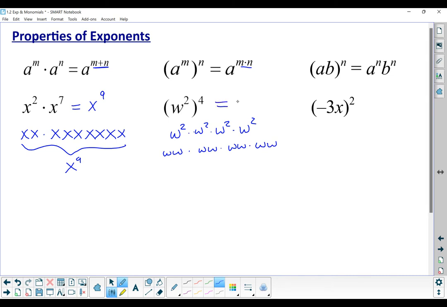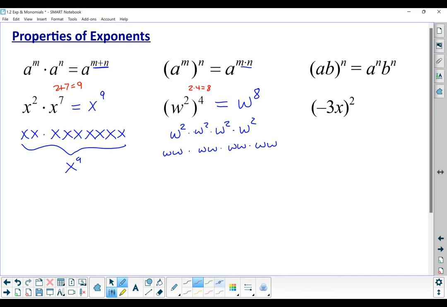So what we have is w to the 8th. You can get that 8th power directly by doing 2 times 4. So we add if they have their own bases; we're just counting out the number of factors. And if we have a power raised to another power, we multiply.